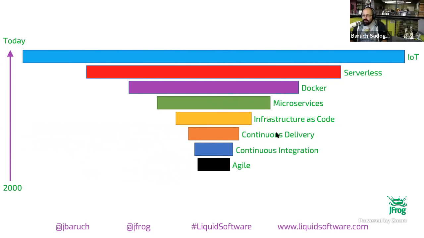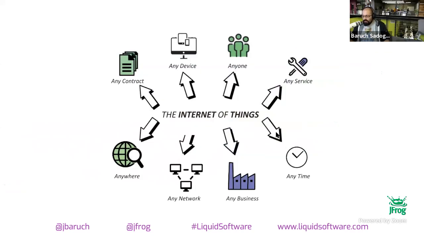Docker, serverless, and IoT. IoT brings an unprecedented level of combinatorial complexity when we have different contracts, devices, users, servers, networks, and locations, and all that needs to be aggregated together.